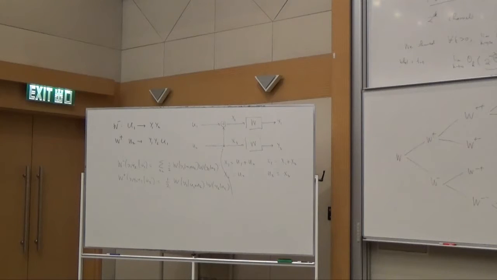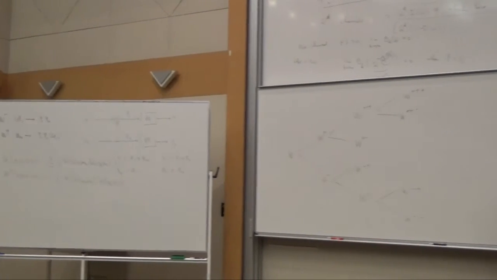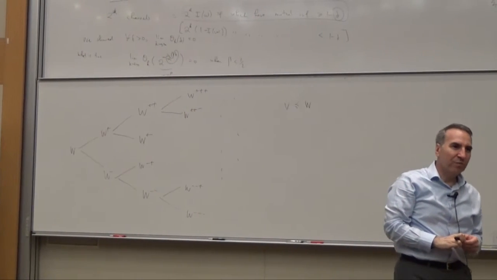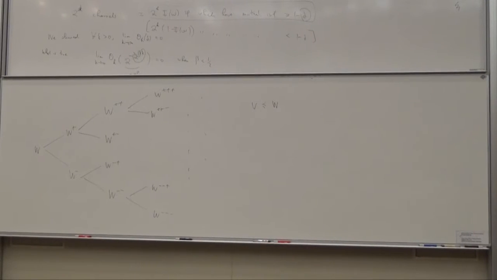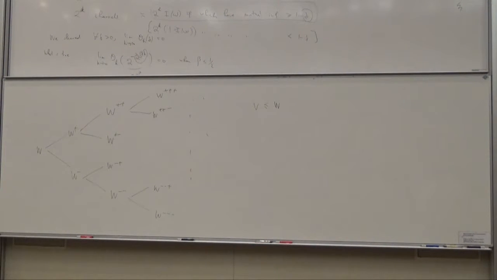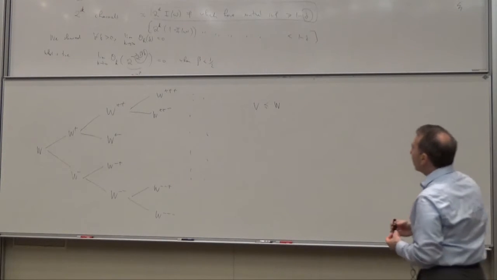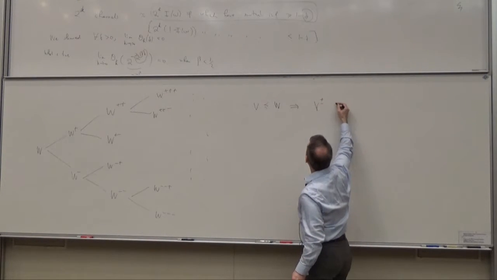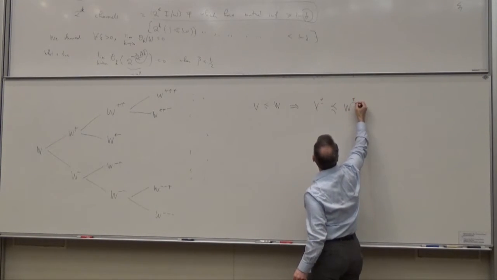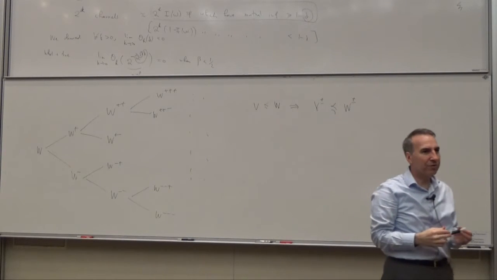Suppose that W and V are ordered by stochastic degradation. So I take the output of W, I process it, and I obtain a new processed output. This I call the channel V. If we have this, then V plus and minus is also degraded with respect to W plus and minus.